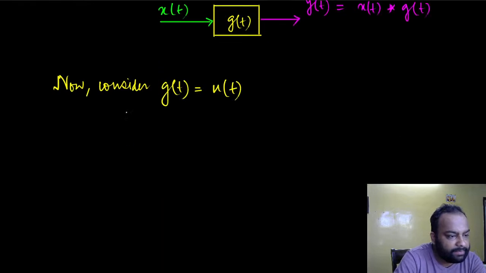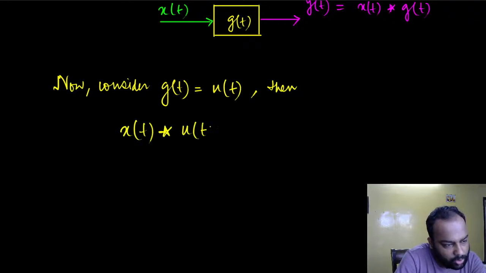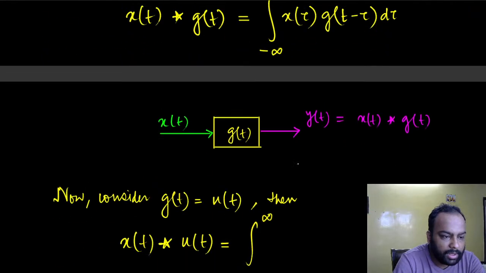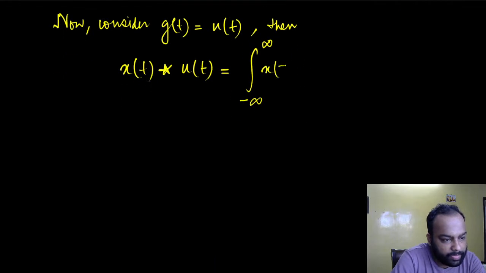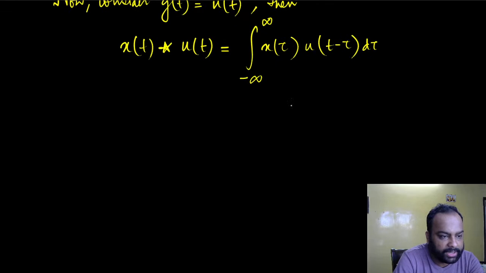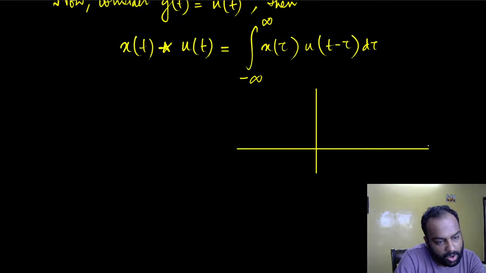With that said, we have x(t) convolved with u(t), and that becomes the integration from minus infinity to infinity of x(tau) u(t minus tau) d tau. Now look at this, u(t minus tau) d tau. Let me draw it. Of course, the independent axis is now tau. You know this already.